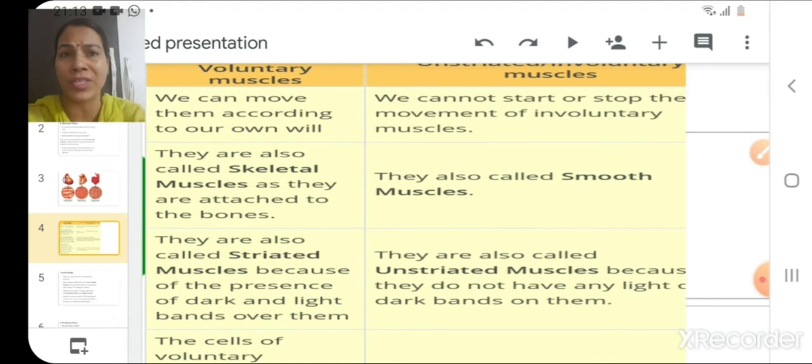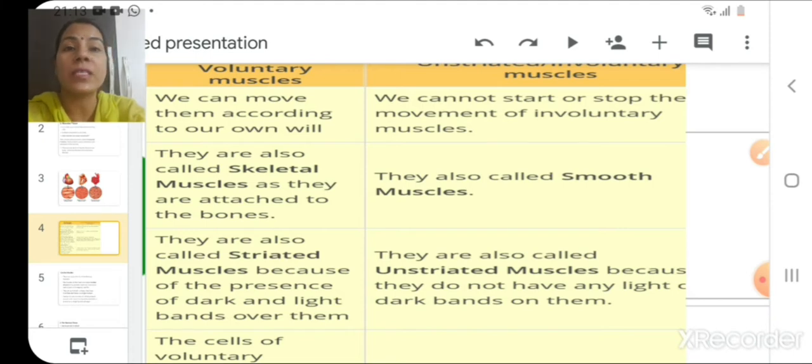As its name suggests, it is voluntary, means according to our own desire, whereas in involuntary muscle we cannot move them according to our own desire. The second difference is that voluntary muscles are also called skeletal muscles because they are attached to our skeletal system. Involuntary muscles are basically called smooth muscles.